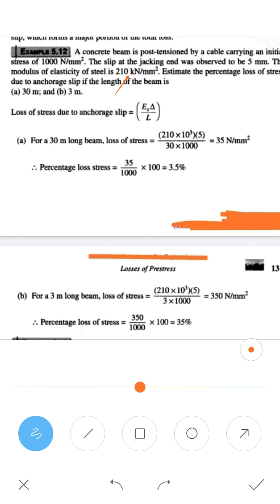Don't forget, only the length changes; E is common and delta is common for both the 3 meter and 30 meter. The only change is the length, that is 3 meter you have to put for this one.